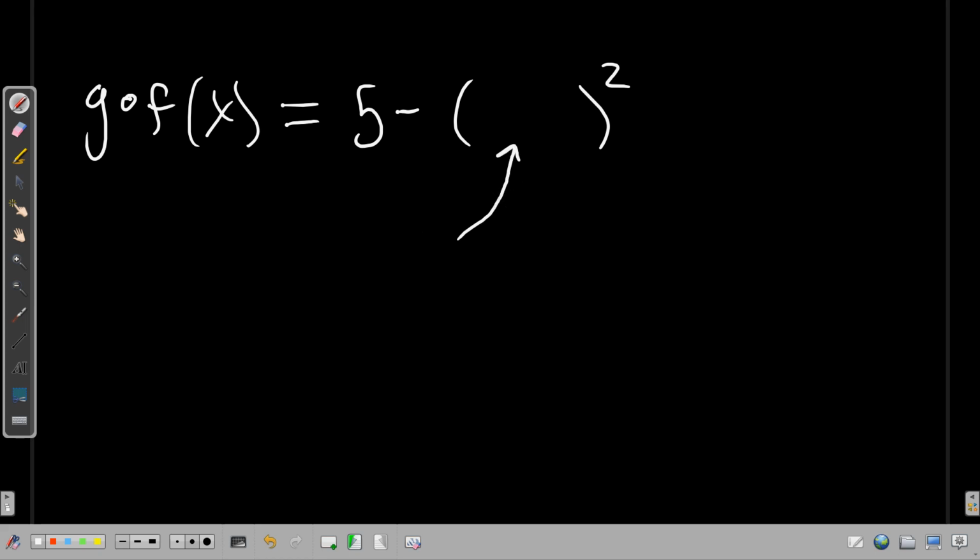And it's waiting for me to put in here f of x. Then this indicates for you that g is the function that's on the outside, and f is the function on the inside. It's different than, it's the opposite from what we just did. So there's f here on the inside, and g is on the outside.